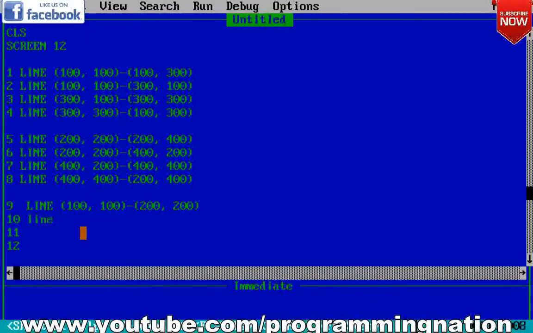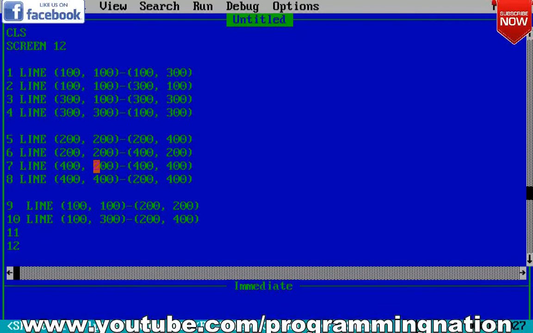Then next would be the bottom left of the first square, bottom left of the second square, 200 400. So over here in the first 8 lines we have got all the 8 coordinates, 4 in the first 4 and the next 4 in the next 4 line commands.